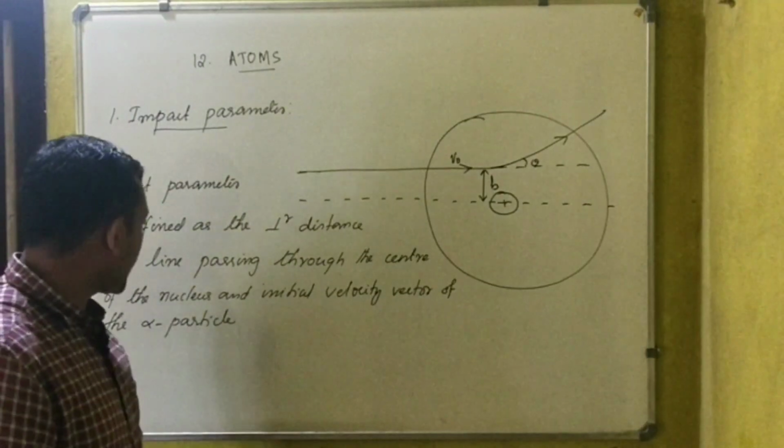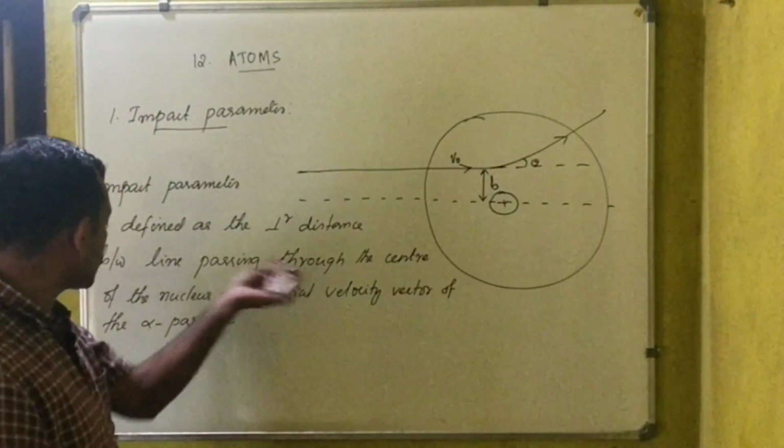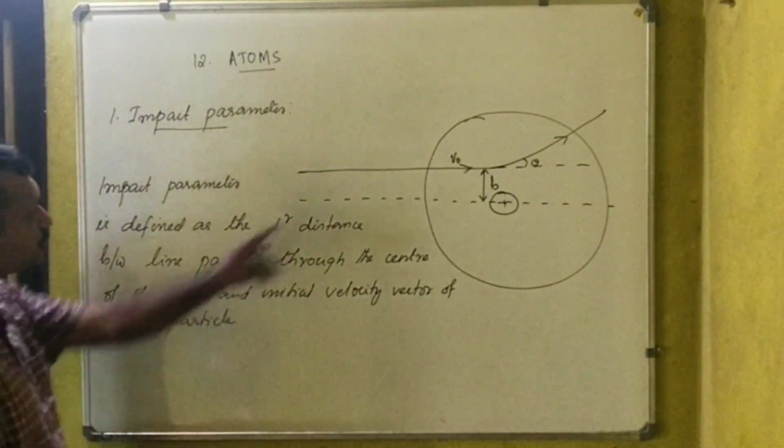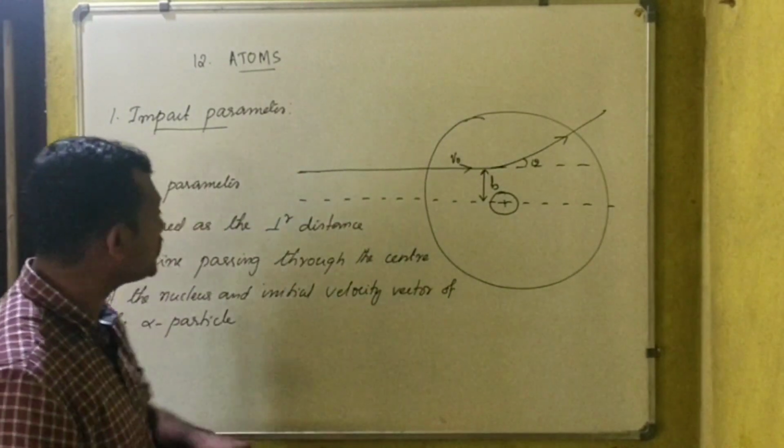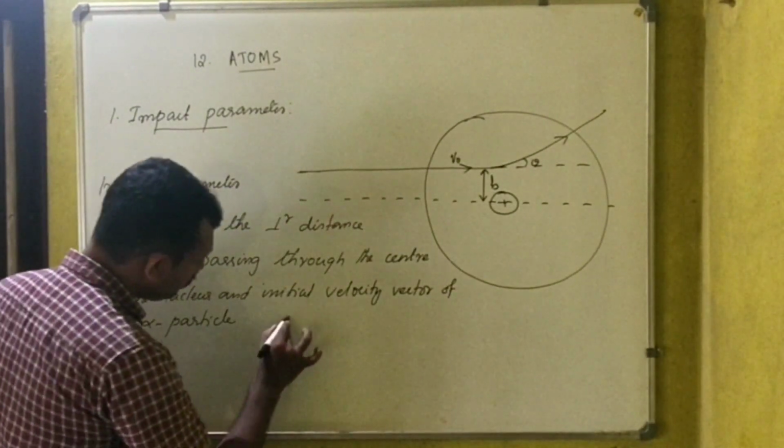Line passing through the center of the nucleus and initial velocity vector of the alpha particle, that distance. So if you look at this one, that distance is called impact parameter.